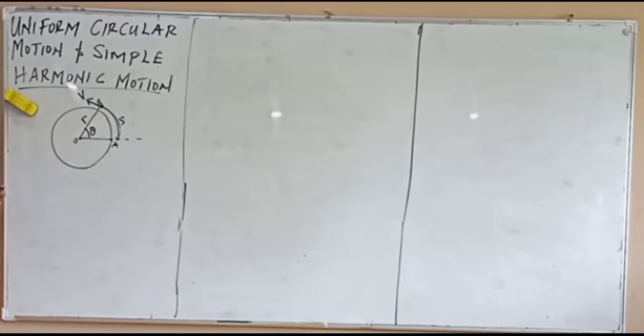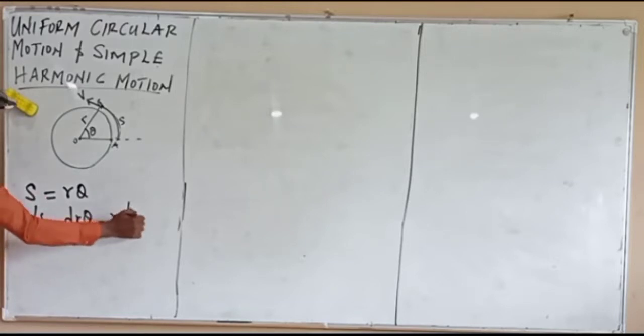If theta is a very small angle, this linear displacement x will be approximately equal to r theta. If you differentiate x with respect to time, and also differentiate r theta with respect to time, then r will act as a constant.